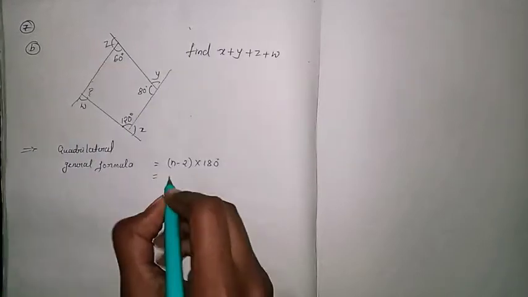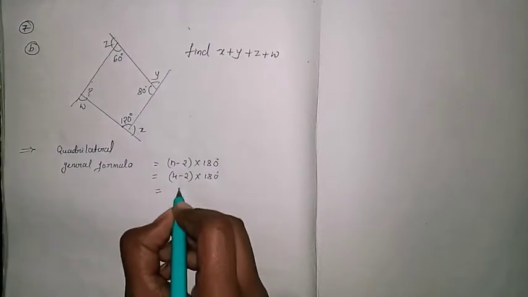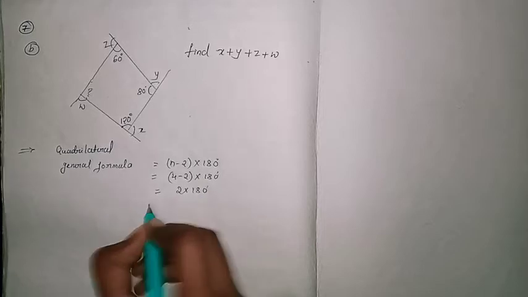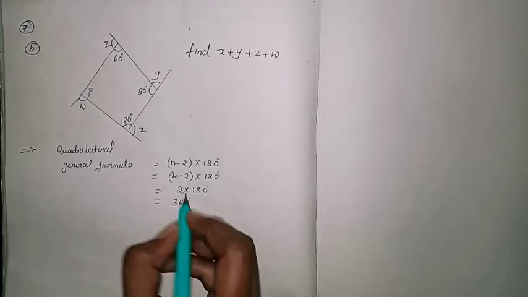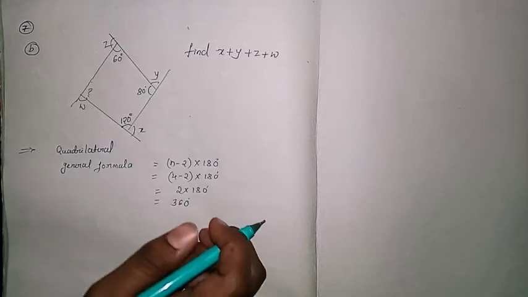So what do we mean by n here? Number of sides. How many sides? 4. So 4 minus 2 into 180. 4 minus 2 is 2 into 180, that means 360 degree. So the angle sum property of the quadrilateral is equal to 360.